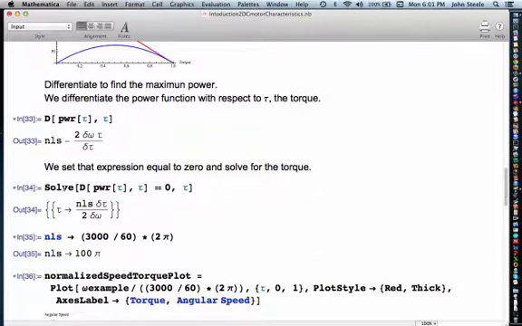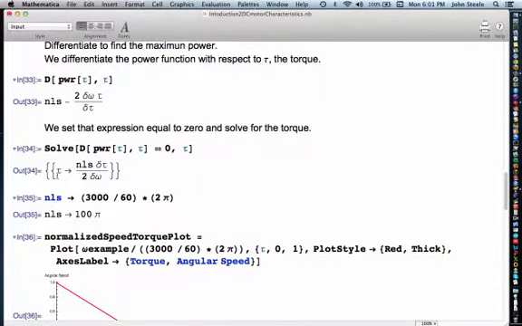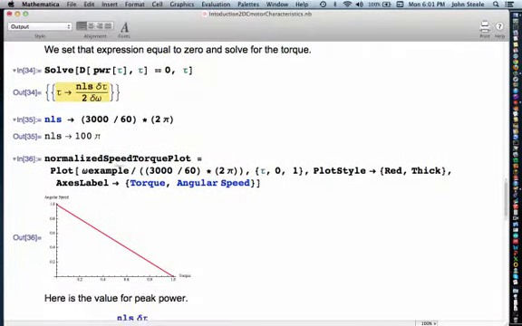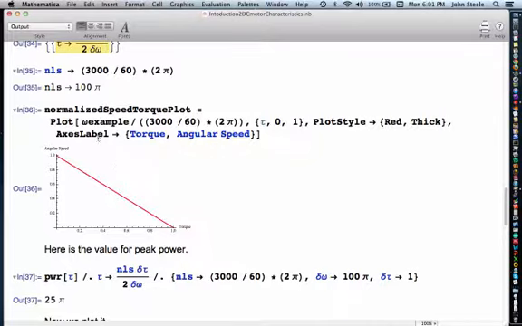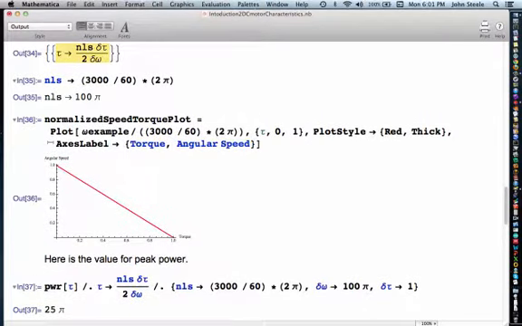And if we solve that equation for the 0 point, we find that tau is equal to this quantity, that is no load speed times delta tau over 2 delta omega. And if we use the value of no load speed at 3,000 RPM, then we'll come back and find that the no load speed is 100 pi.